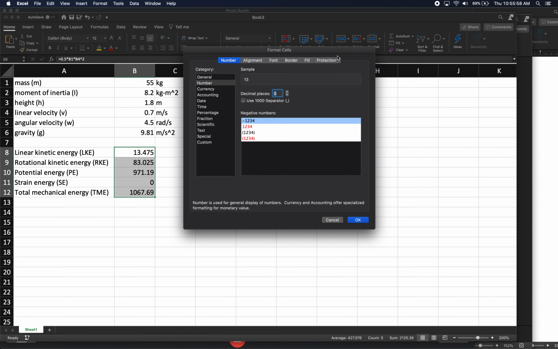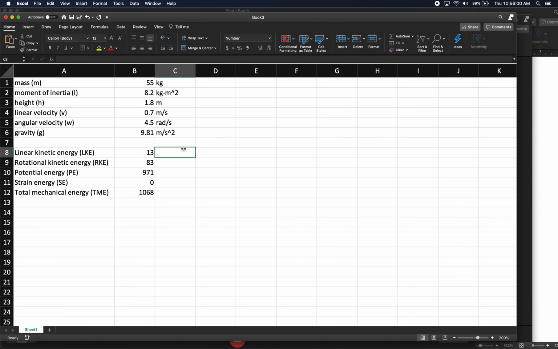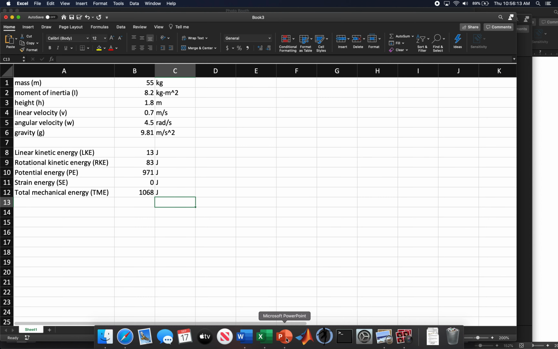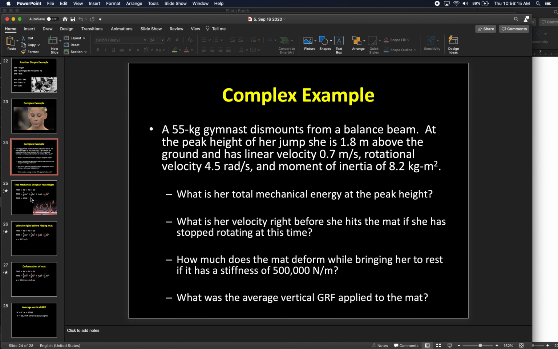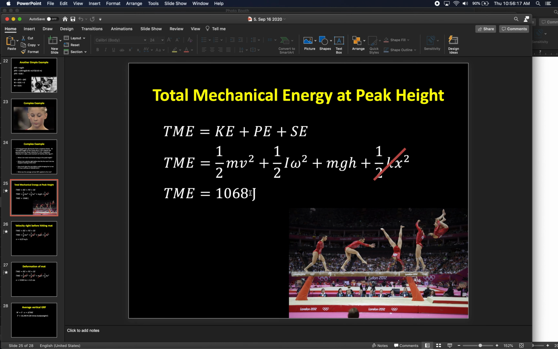We don't need any decimals here, we'll just go whole joules. So 13 joules of linear kinetic, 83 joules of rotational kinetic, 971 joules of potential, no strain, gives me 1,068 joules of total mechanical energy there at the peak height of the jump. Okay, and that should have been the solution that I gave you for the first one here, 1,068 joules.